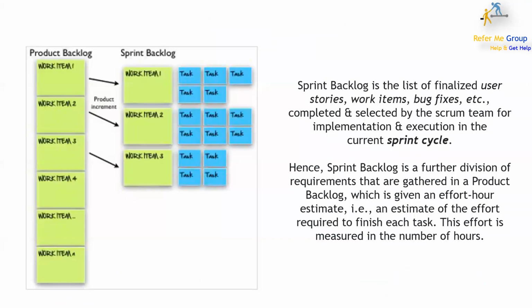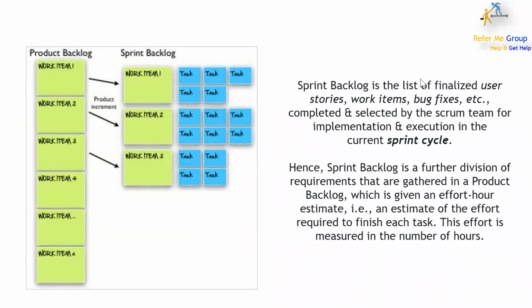So here is the product backlog, and then what is your sprint backlog. Your product backlog is a kind of big book, which keeps items like your epics, your features, your user stories, your defects, your unknown or unrefined things, your technical debt, your spikes.